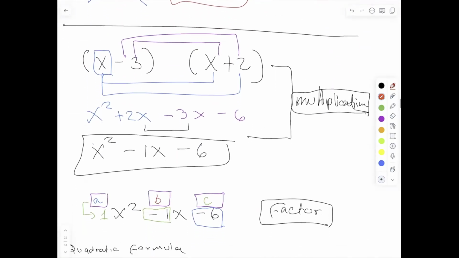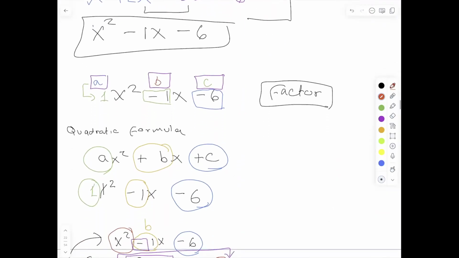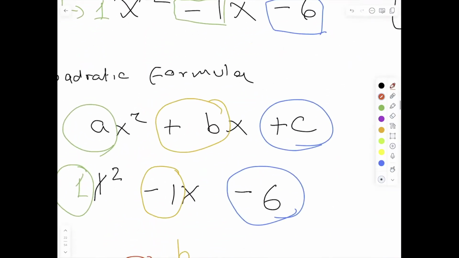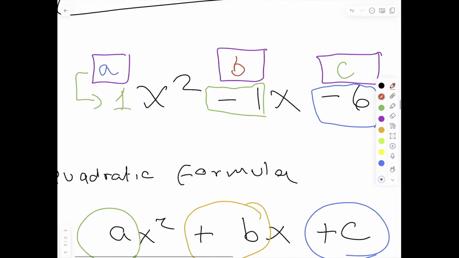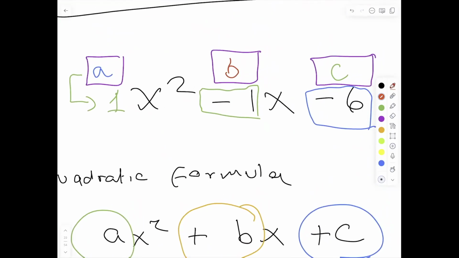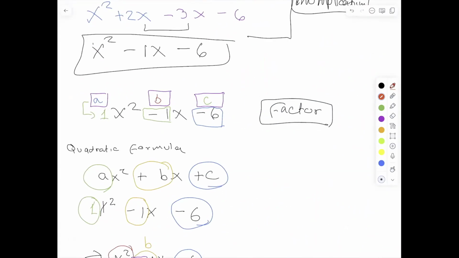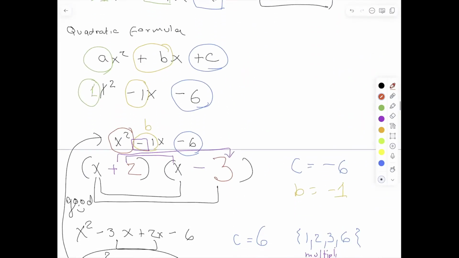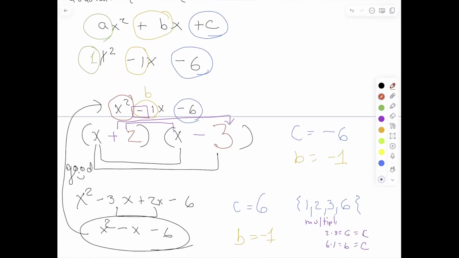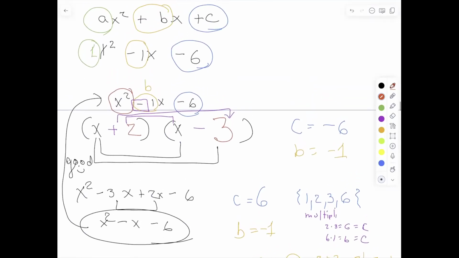Now, in this example, I gave you x squared minus 1x minus 6. And I said factor. And then how do you factor? Well, what is the C value? C value is negative 6. What is the B value? Negative 1. What is 6 divisible by? 1, 2, 3, and 6.